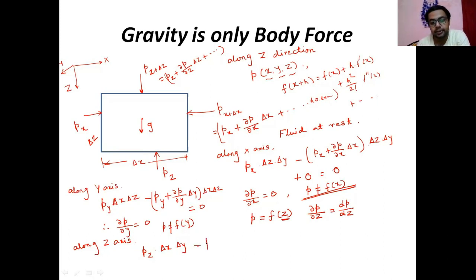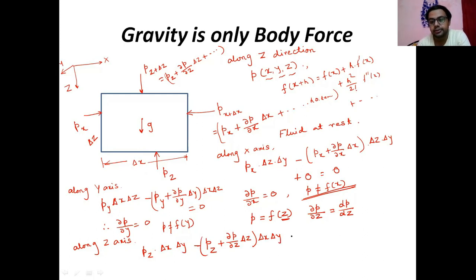Minus, that is the surface force we are talking about. P z plus del p del z, now we are writing del p, later we will change it to dp, del z, into del x del y.